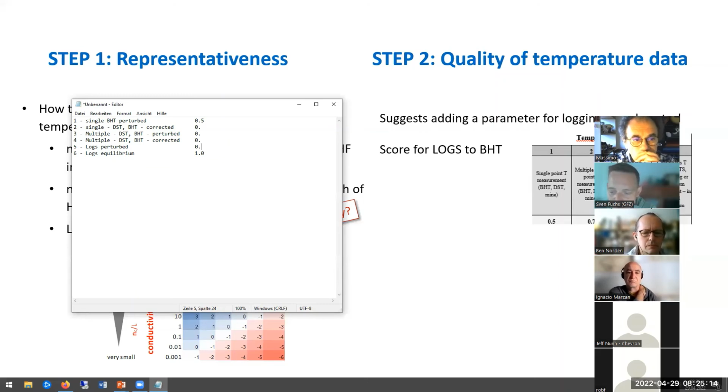And then just have a look at the interplay of the several steps and several scores with each other.